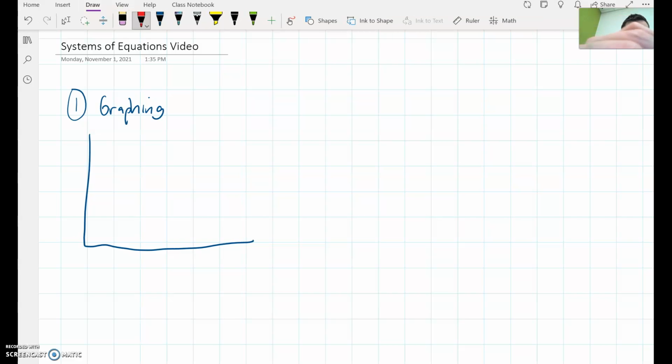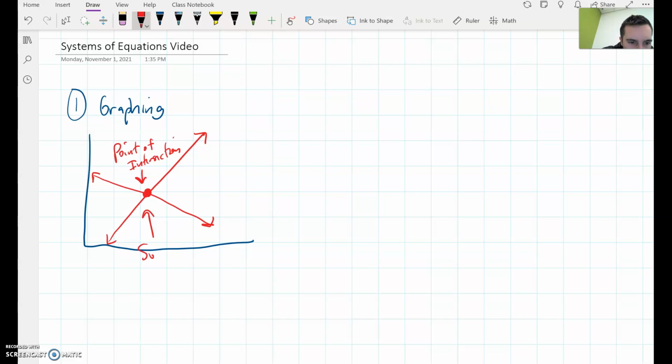And so I am hoping that you would know if we had some solution that was maybe really steep and then one that was just barely negative, that you would be able to see that the solution to this system is right there. Okay, this is the point of intersection. It's also your solution. And it's an x comma y. It's a coordinate. It's a point. Okay, but let's talk again about the other 2.